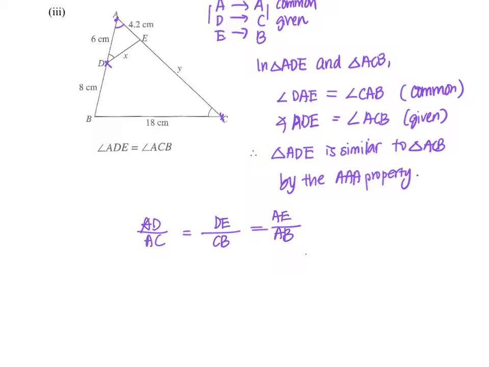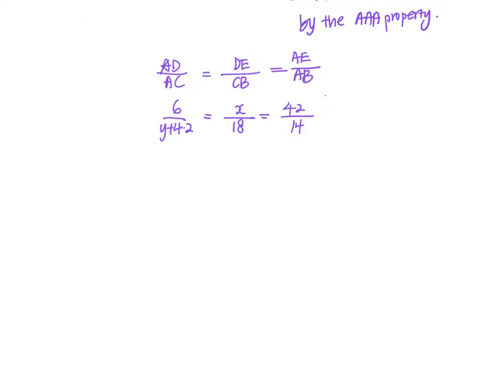Now let's fill in the different sides that we have. AD is 6. AC? What's AC? AC is actually y plus 4.2. DE will be x. CB will be 18. AE is 4.2. And AB will be how much? Oh, 14. So using this expression, we are going to solve for the values of x and y.